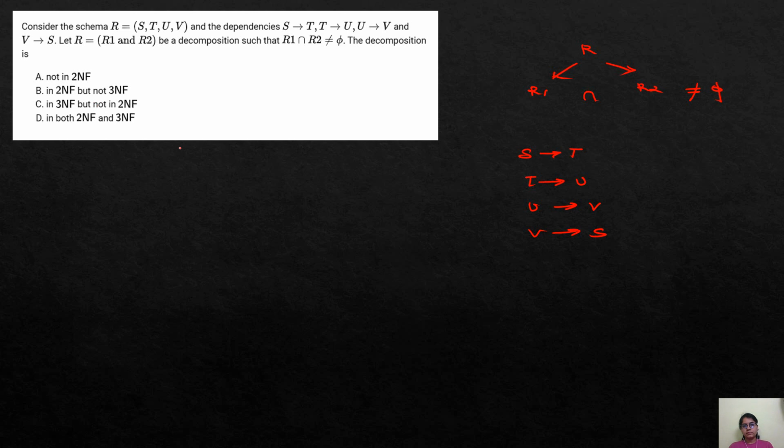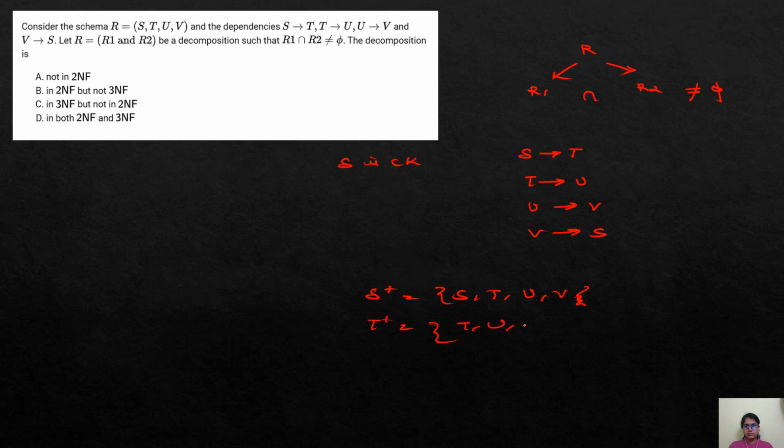If we take the closure of S, it is S, T, U, V, and again S. So S, T, U, V. This is determining everything. So that's why S is a candidate key. Now let's check for T.